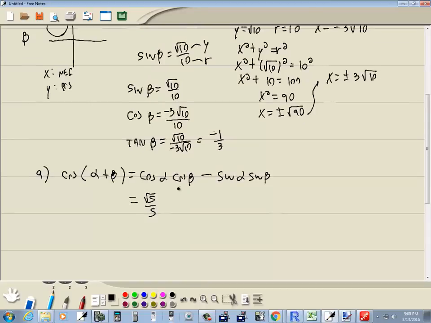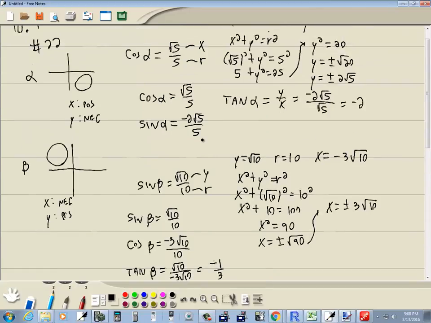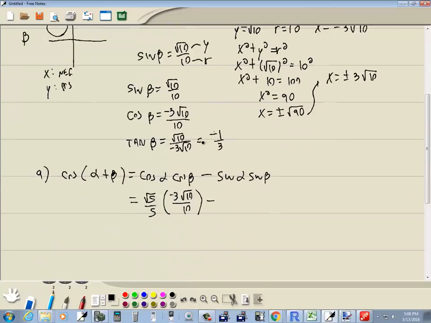Cosine beta, we just said, was negative 3 square root of 10 over 10. Sine alpha is negative 2 square root of 5 over 5. And sine beta, which we just said, was square root of 10 over 10.